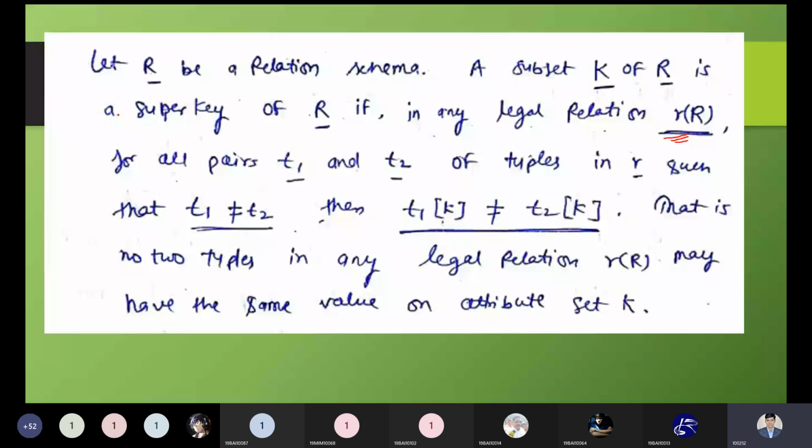If we don't have the key, T1 and T2 may be equal, because two different tuples can have the same value, and then we have redundancy. So to go ahead with the functional dependency concept, we need to keep in mind that two tuples should not have the same value on the key. This is the point. Is it clear to all?